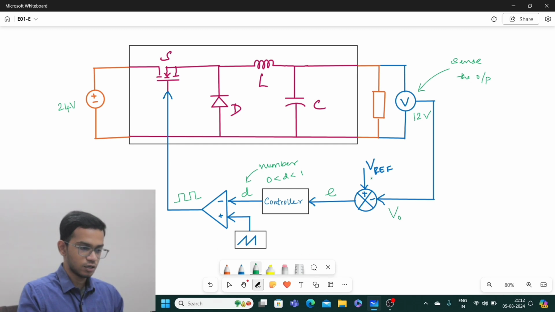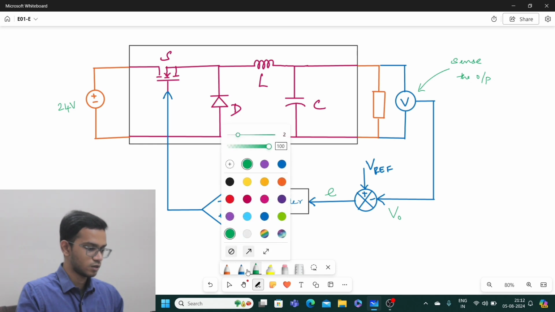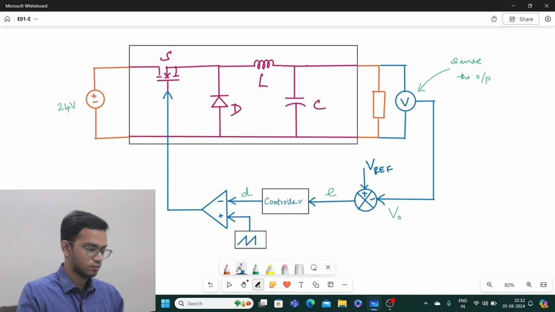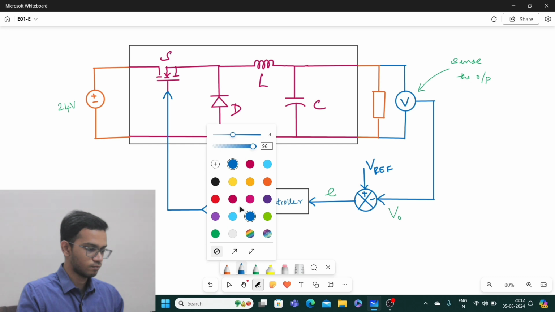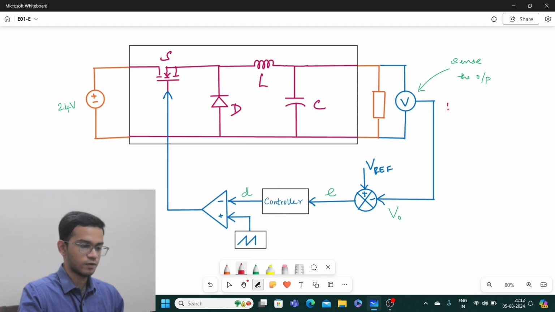Assume that my output voltage here at this point is not 12 volt. Let us assume that it has a voltage of maybe 11.8 volts. Now this 11.8 comes here.